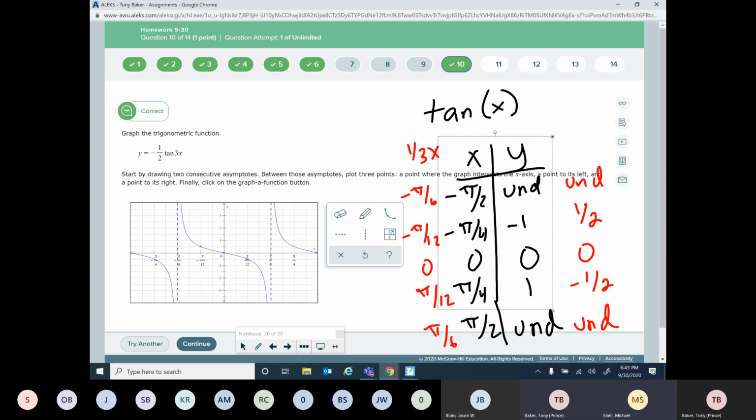Professor, can you explain the asymptote one more time? So the asymptotes are basically where they don't work. So if you look at tangent, remember, we were looking at the domain, and it was every odd value. So it was like pi over 2, 3 pi over 2, 5 pi over 2, and those. So it's all the places where cosine of x equals 0. Now, they want you to graph two asymptotes.